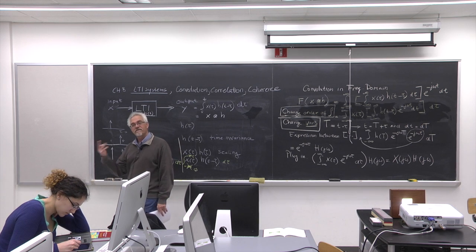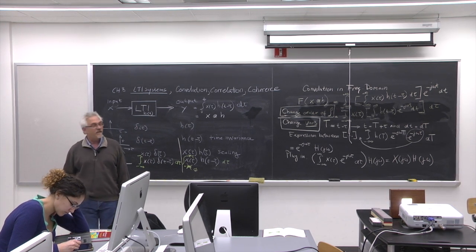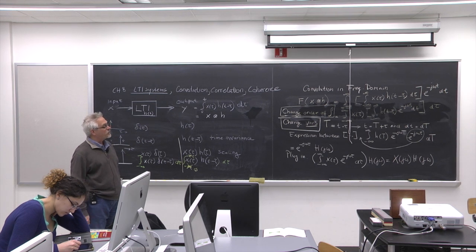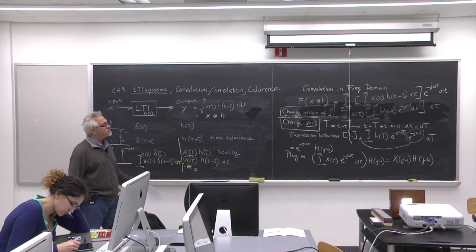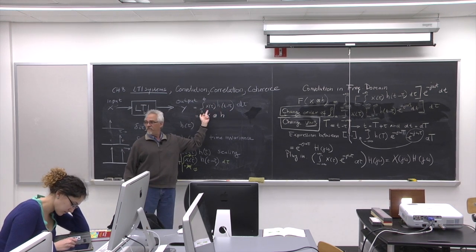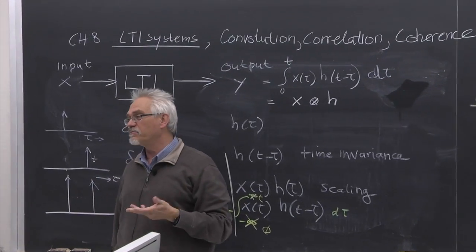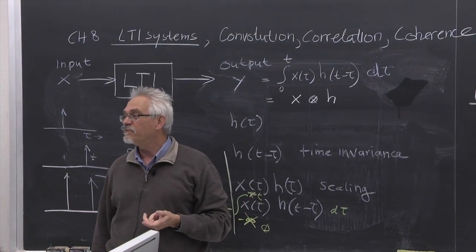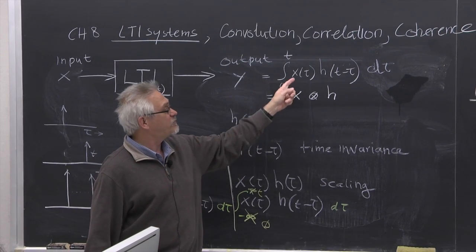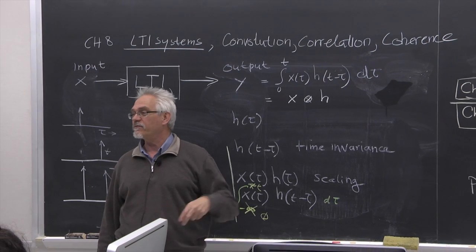And here you see what I started to say at the beginning. It makes actually things easier. Because if you have to do the convolution of two functions, you have to do this sometimes awful integral. If you happen to know the Fourier transform of each of them, and sometimes you don't, but you can use tables to find them, you don't have to do this awful integral. You can just multiply.